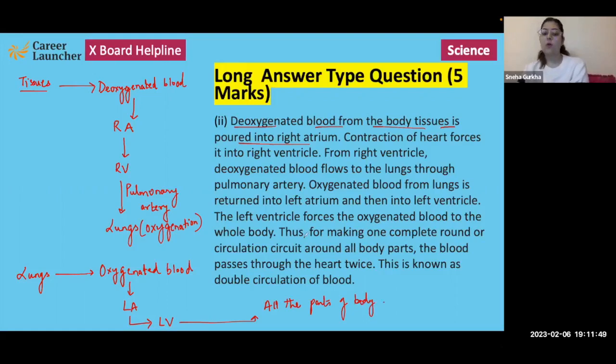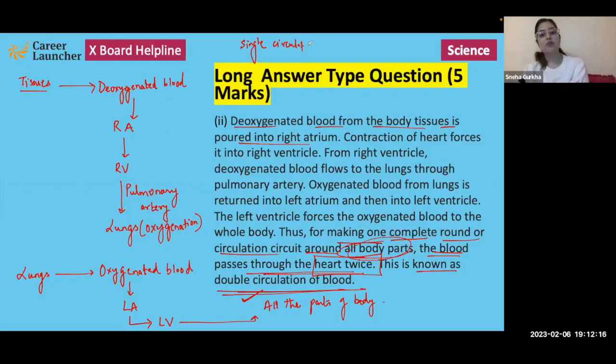Right? So for making one complete round or circulation around all parts of the body, the blood passes through the heart twice. This is known as double circulation of blood, right? So this was an example of double circulation. You should also be aware of what single circulation or single circuit circulation is.